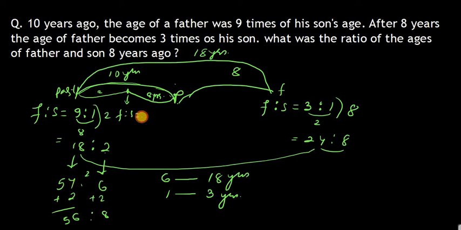So father to son is 56 to 8, cancel it. In terms of ratio it is equal to 8 7s are 56, 8 1s are 8. This is the ratio of the age of father and son 8 years ago.